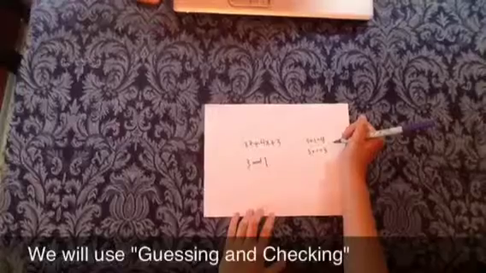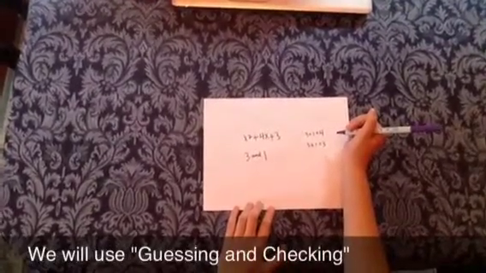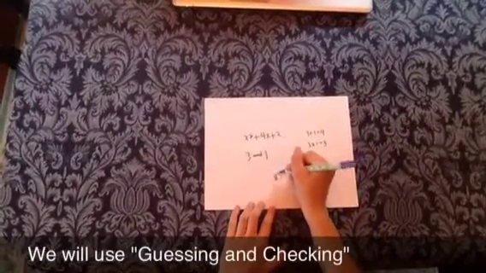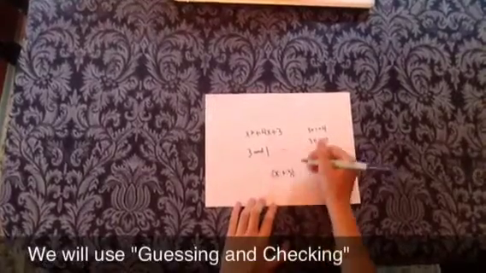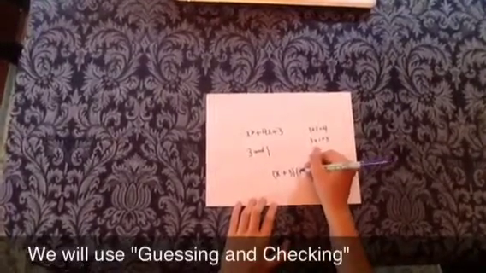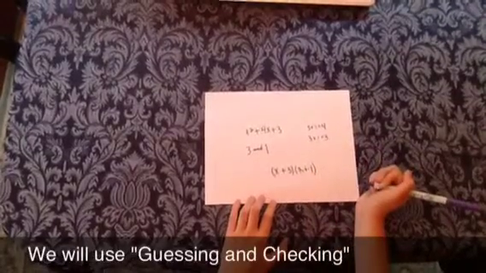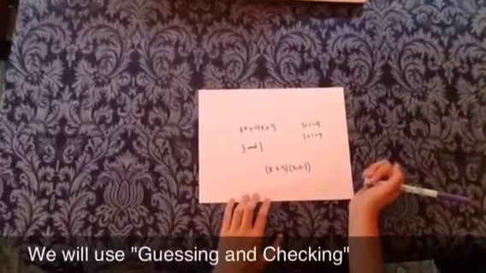Now, let's write out the problem. Shall we? We're going to write out the problem like this. X plus 3, x plus 1. Now, let's FOIL, just to make sure.